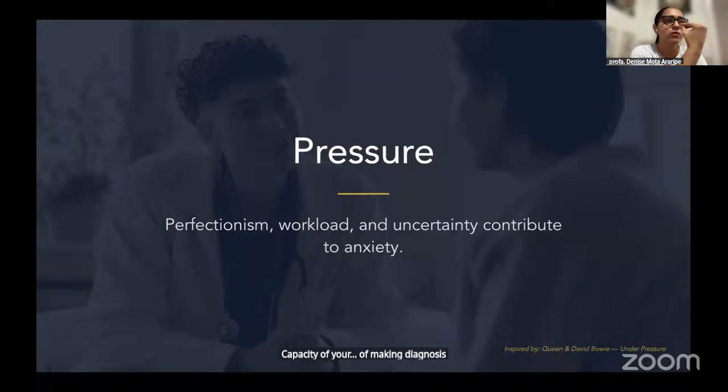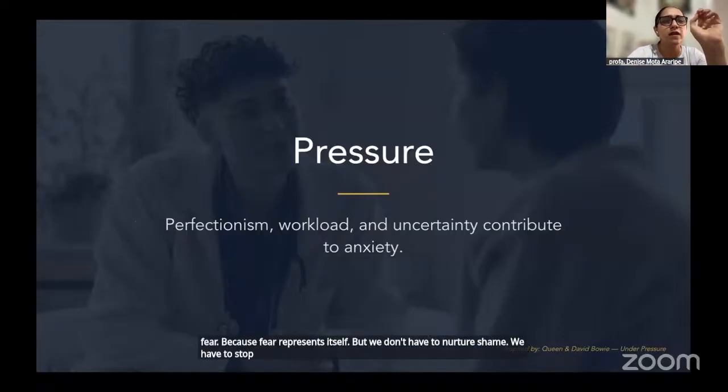You have to show the patient that you care, from him to her to the kid, gender fluid, all the persons. You care because medicine is about people, people in practice, people that can live their real life without thoughts, without fear, because fear will present itself, but we don't have to nurture it. We have to stop fear that paralyzes us.